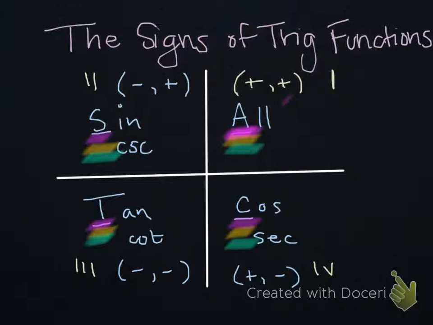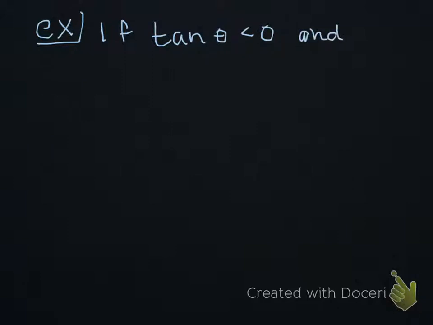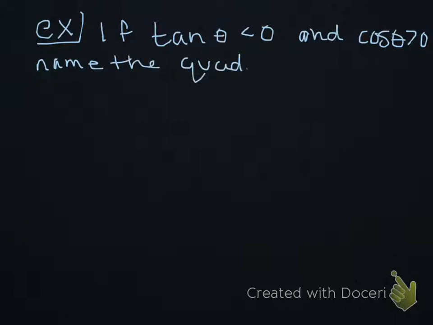So let's do an example of the application of this. The information that's given is: if tangent of theta is less than 0 and cosine of theta is greater than 0, name the quadrant in which theta lies.